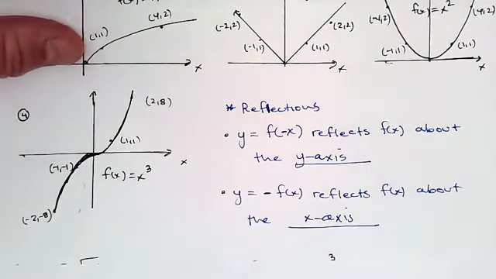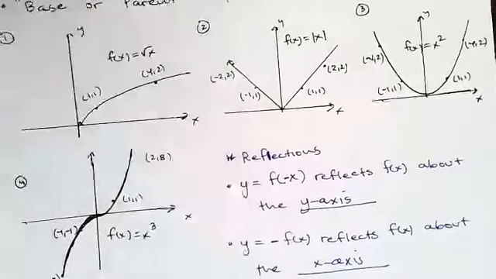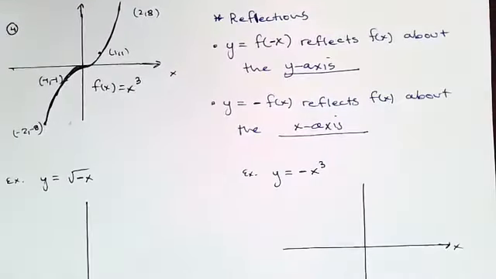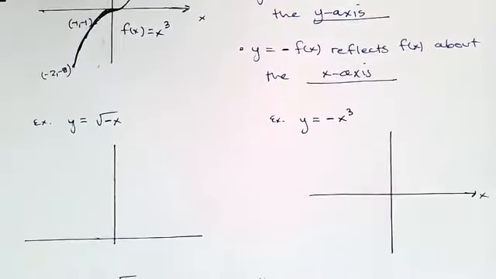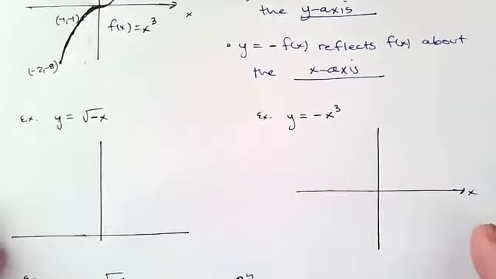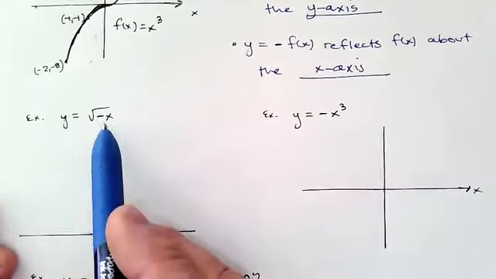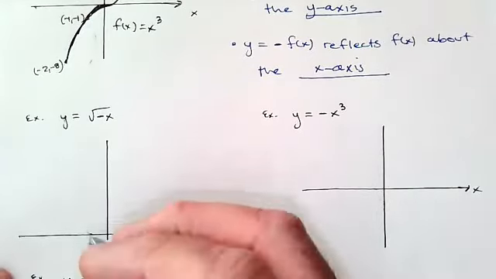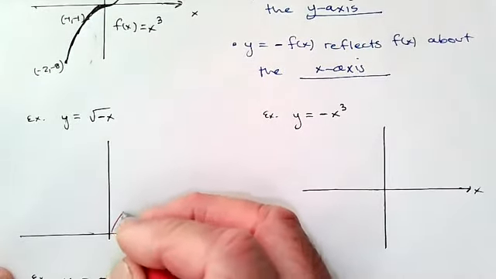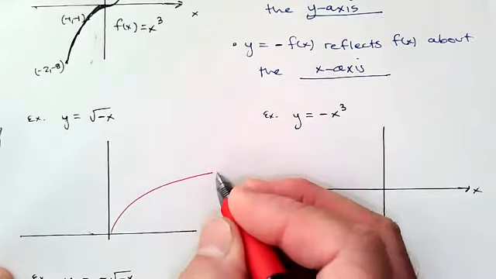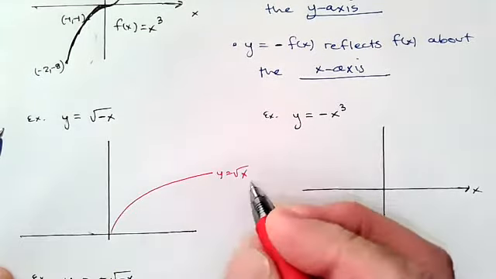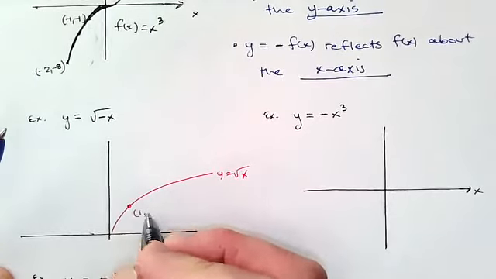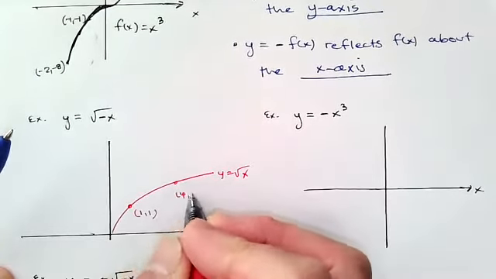So let's see some examples of these reflections. If I take y equals the square root of x and replace my x with negative x, maybe we can do this. Our old version of square root of x looks like this, if you recall. This is y equals square root of x. It passes through some points, (1, 1), (4, 2).